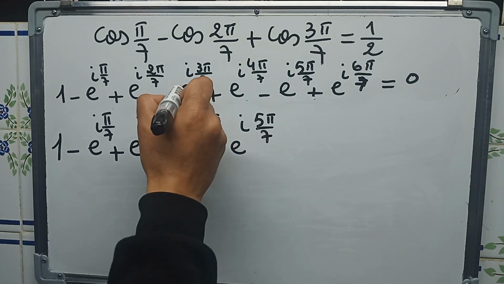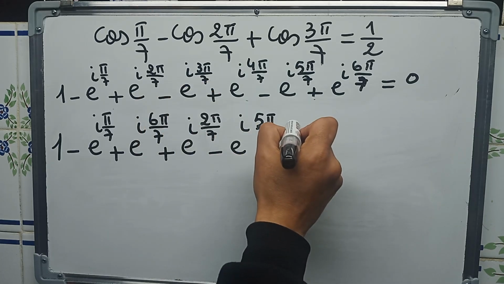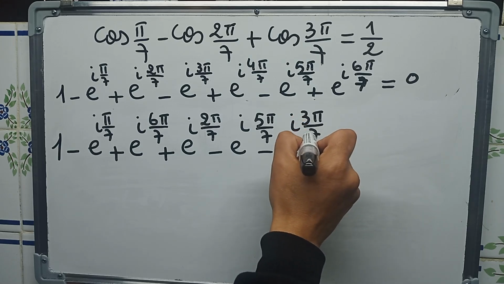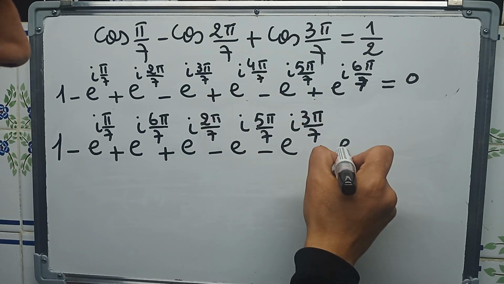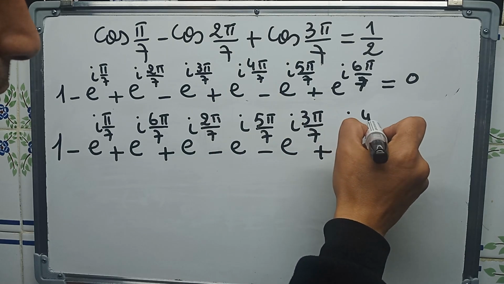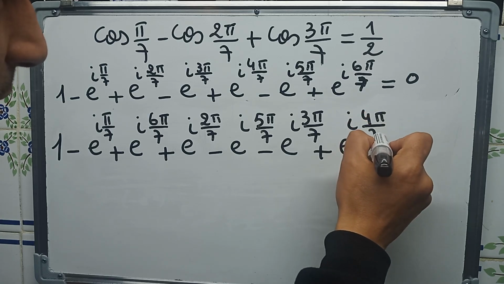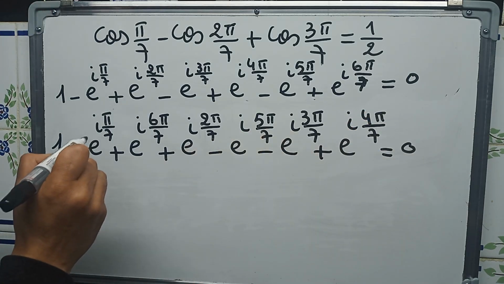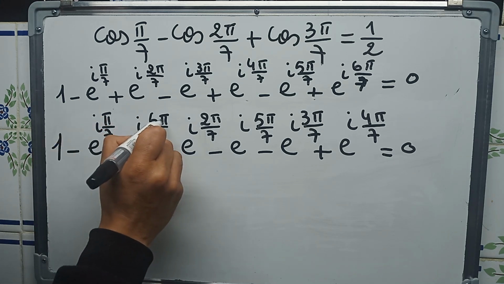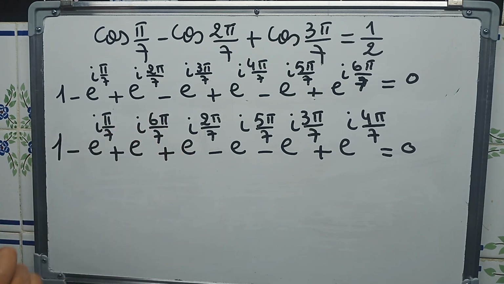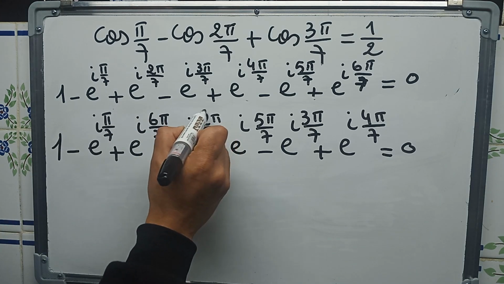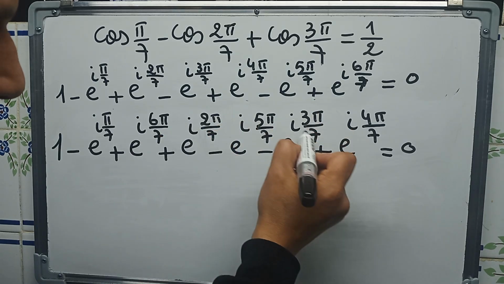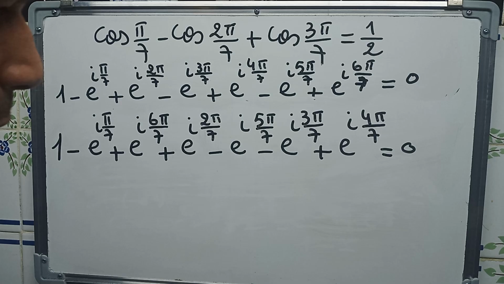Here we have minus e^(i 3 pi over 7) and plus e^(i 4 pi over 7). The reason why we have done this is, look here, pi over 7 plus 6 pi over 7 is pi, and also here 2 pi over 7 and 5 pi over 7, the sum is pi, and also here the sum is pi.